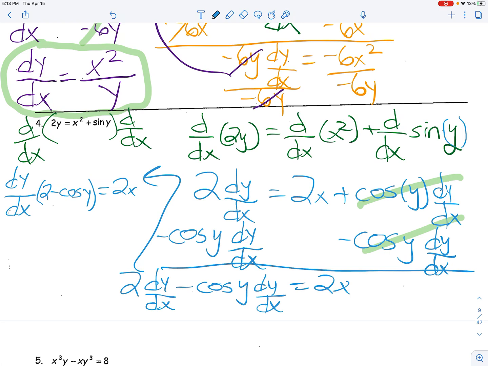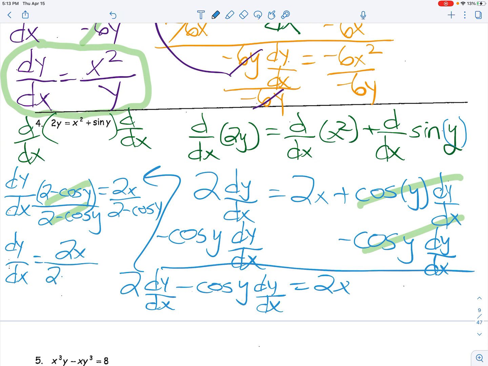Then I'm going to divide both sides, right, by the 2 minus cosine y. Remember, we're looking to isolate for dy/dx. All right, so divide by 2 minus cosine y.